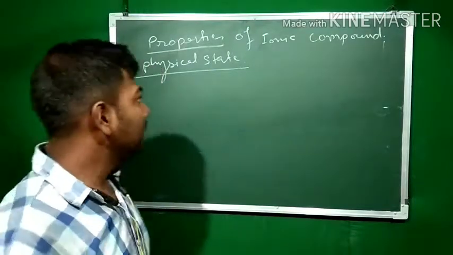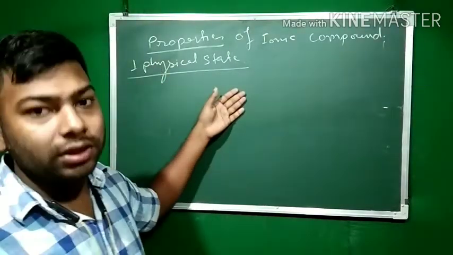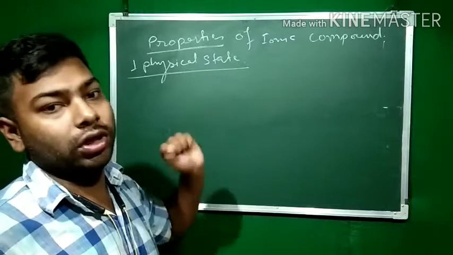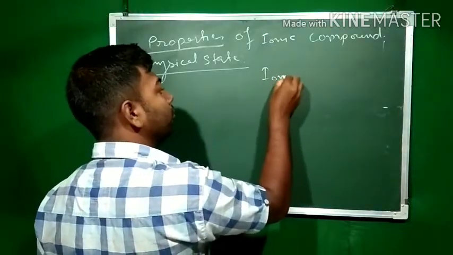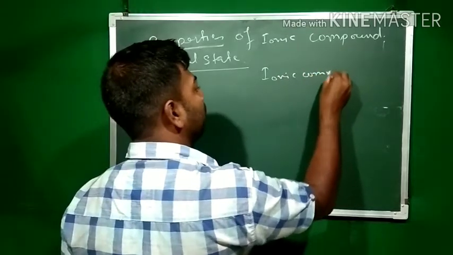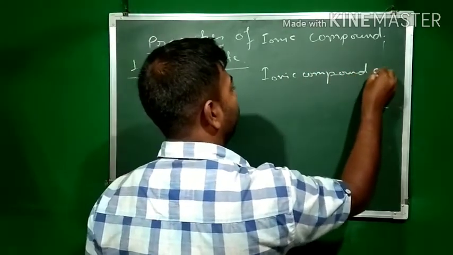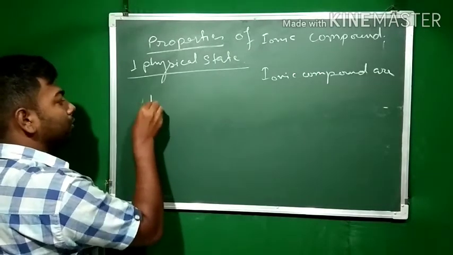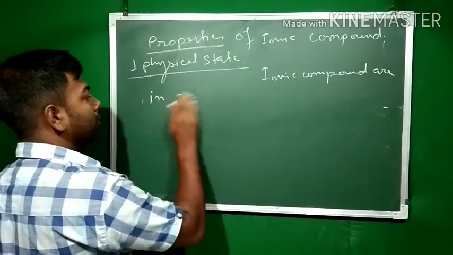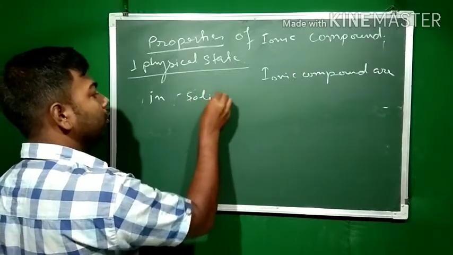Physical state means the compounds are in which state? Gas, liquid or solid. Okay. Ionic compounds are in solid state.